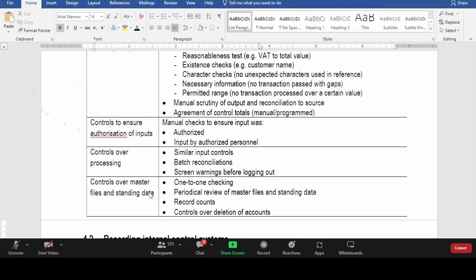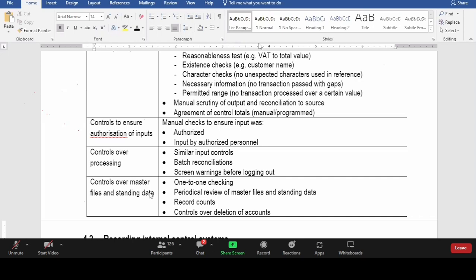Now, there should be controls on the master files and the standing data. For example, regarding the payroll, we have to check that all the people on the payroll on the master file are our workers, one-to-one.